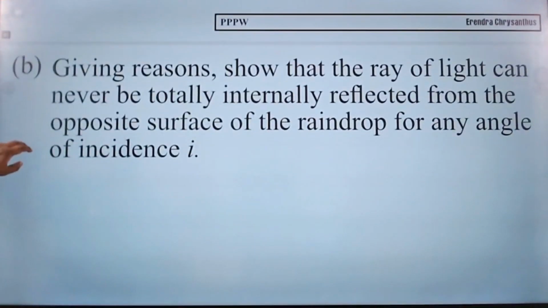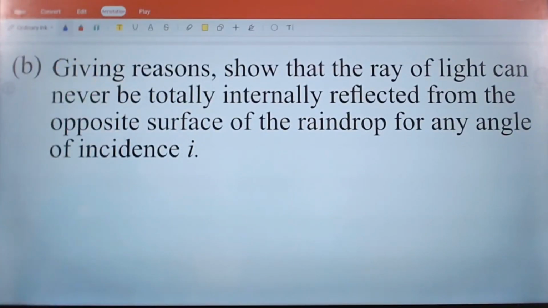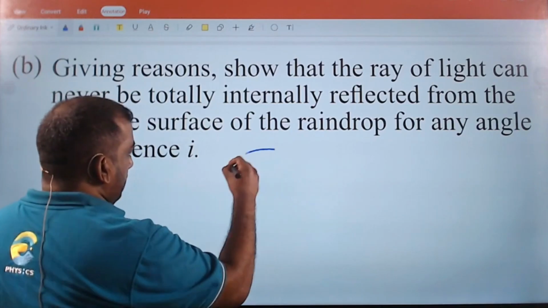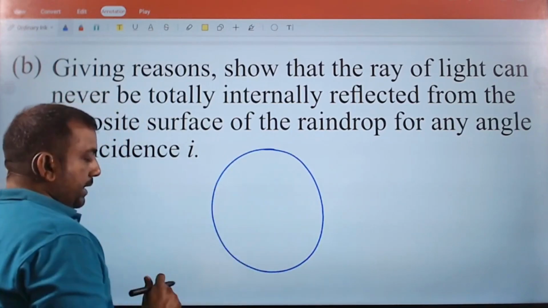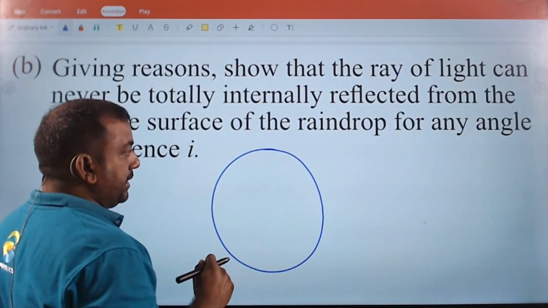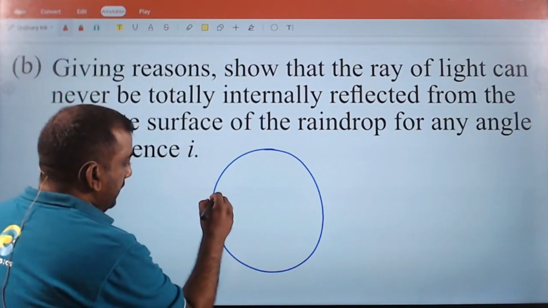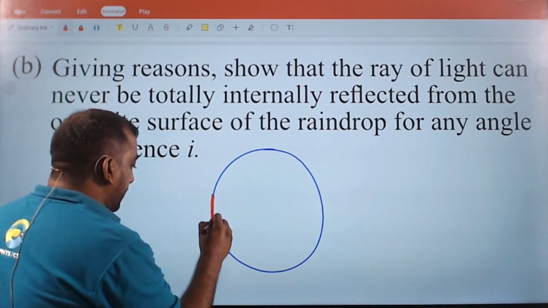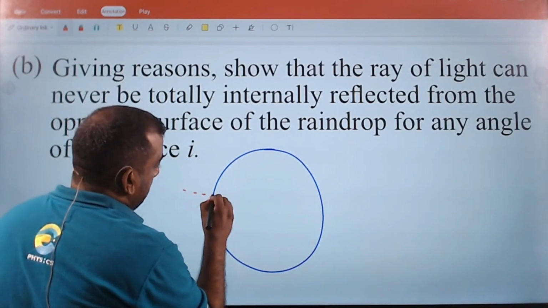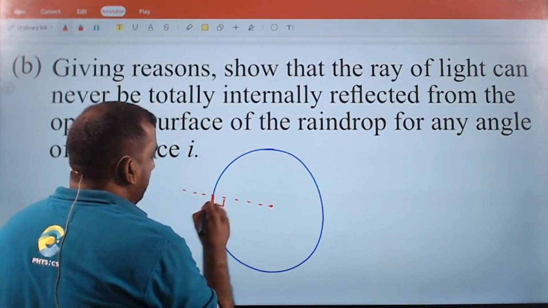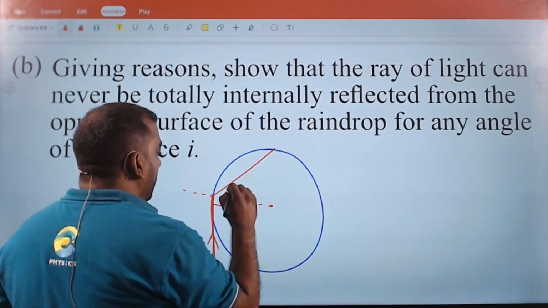Next one. Giving reasons, show that the ray can never totally internally reflect from the opposite surface of the raindrop for any angle of incidence. Right, look at the board now. For total internal reflection, it should exceed the critical angle. So let's say light rays are coming tangentially, 90 degrees. So it should go at the critical angle.